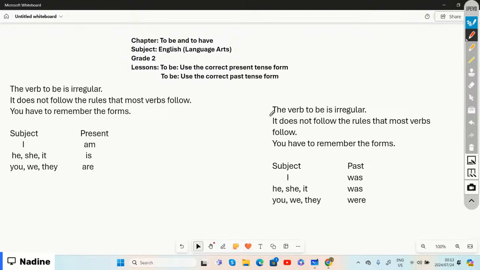All right. And remember, we say that when it comes to the verb, they're going to have to remember the forms that they are going to learn today or that they know already.